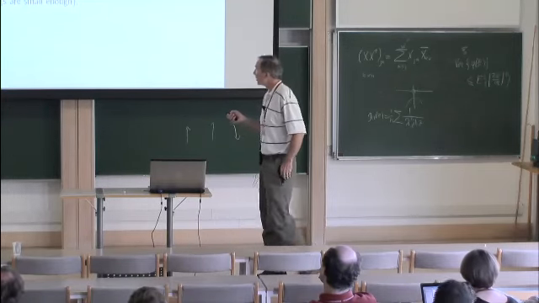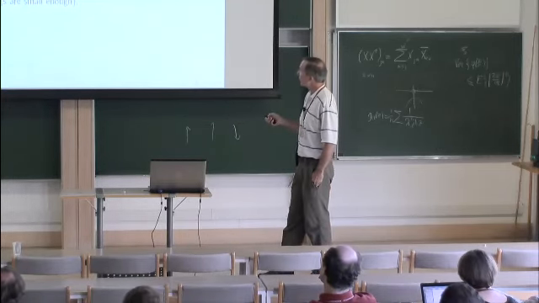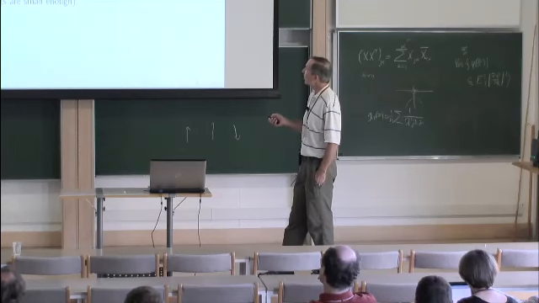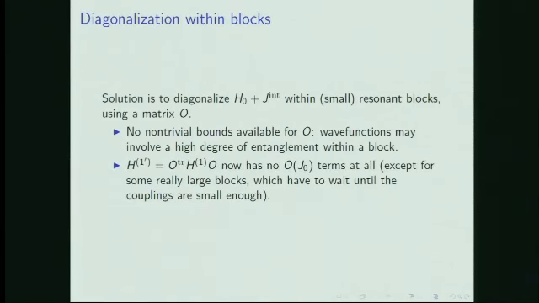All right, so once again we do a similarity transformation on H1. We call it now H1 prime. We've already done a similarity transformation to do perturbation theory, in effect, and now we're going to deal with the resonant regions with this matrix O. The upshot is there's no longer any J0 terms at all.